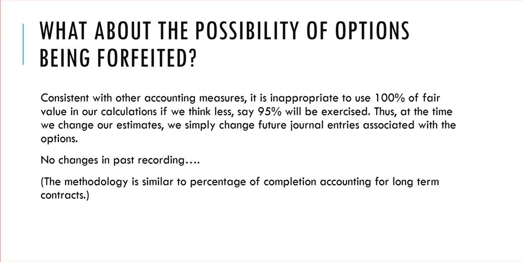Now, what happens if you forfeit? Well, if the company has some idea about the forfeiture rate, now here is when it forfeits. You have to continue your employment with the company. Now, if the executive leaves, they don't get to exercise the option unless the option has vested.